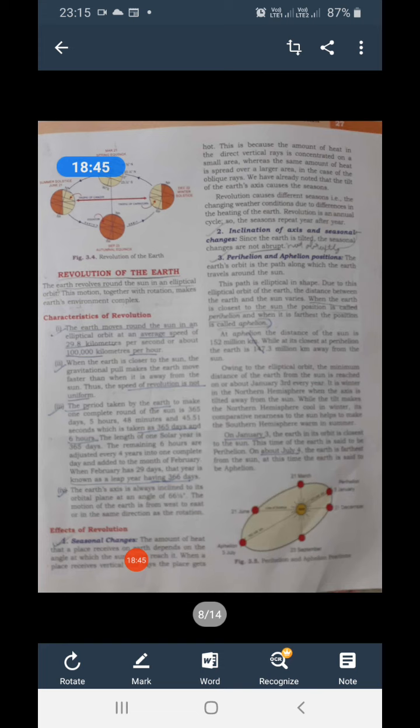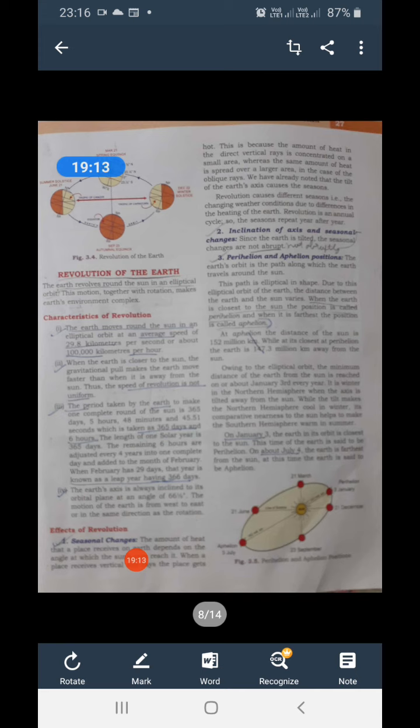And if you come in the same diagram on the left hand side, you will see aphelion, which occurs on 3rd or 4th July. And this is the position when the earth is farthest away from the sun. So aphelion starts with alphabet A, and then you can learn that the earth is away from the sun on 3rd or 4th July.